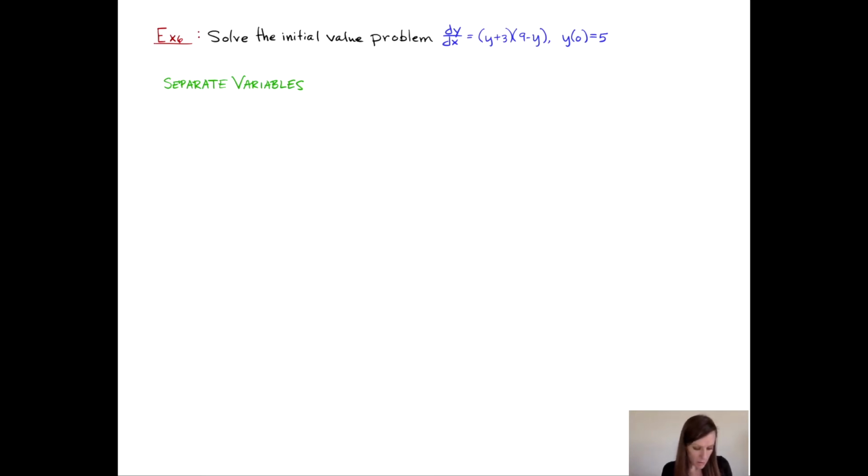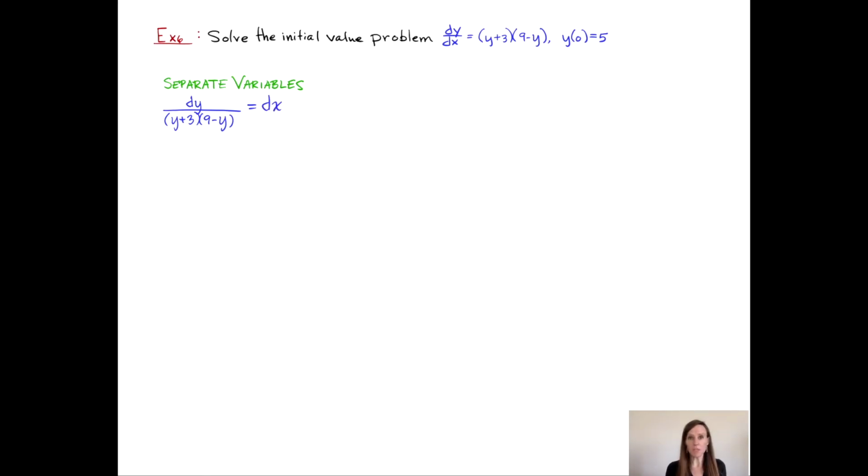So here in the denominator, we have y plus 3 times 9 minus y. In the numerator, we have dy, and bringing the dx over to the other side, we have is equal to dx.